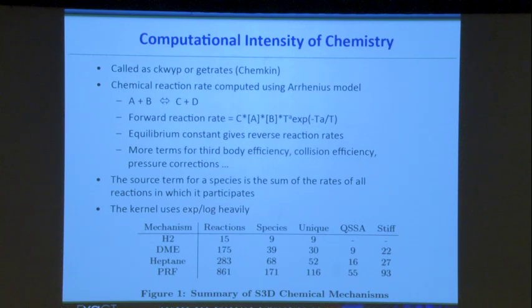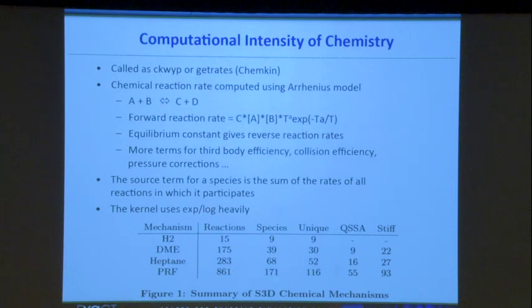So for a simple global step model where A plus B goes to C plus D, the forward reaction rate is written in terms of a pre-exponential multiplier, C star, the concentrations of species A and B, multiplied by temperature raised to an exponent a, which is another parameter of the model, and then multiplied by the exponential of the ratio of the activation temperature to the temperature, or it could be either activation energy or activation temperature.